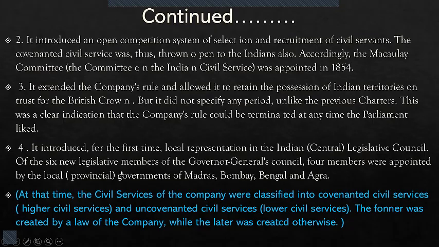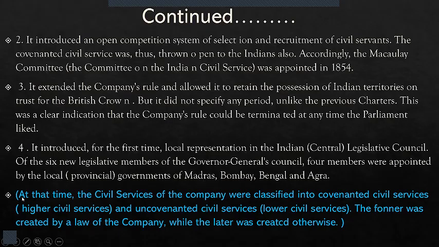Of the six new legislative members of the Governor General's Council, four members were appointed by the local or provincial governments of Madras, Bombay, Bengal, and Agra. So these four members of the council were of Indian descent.